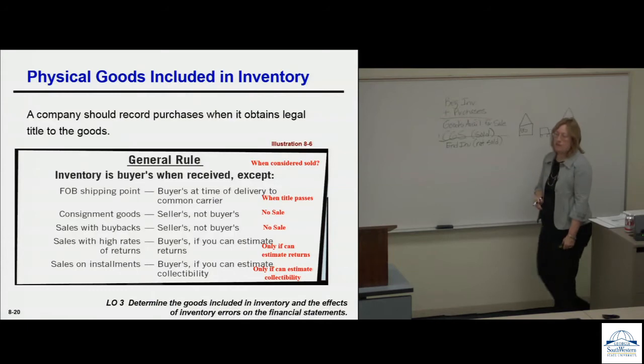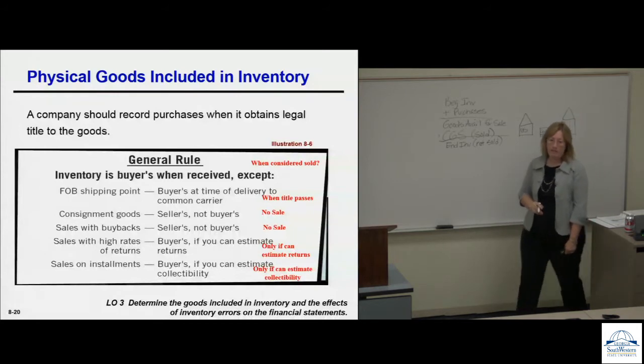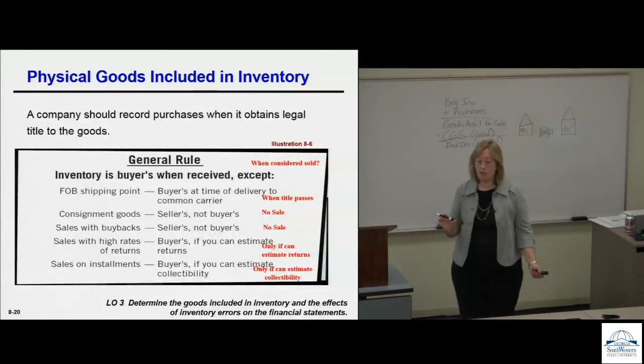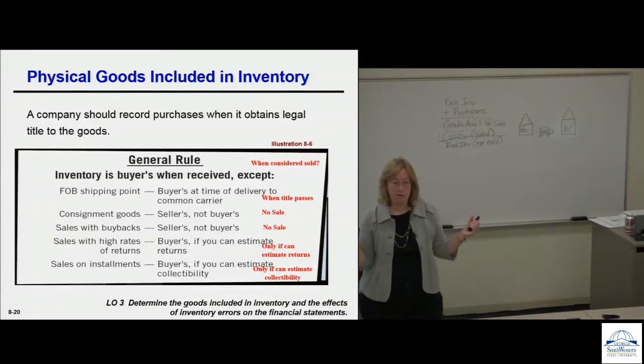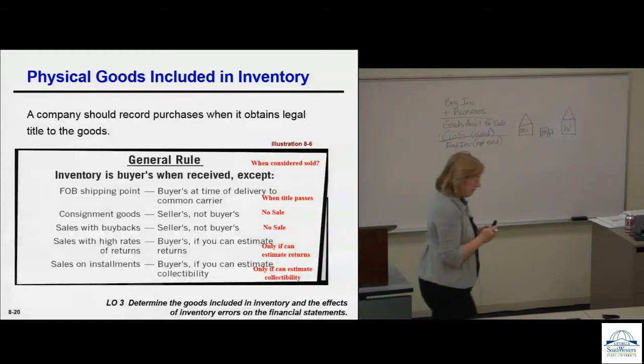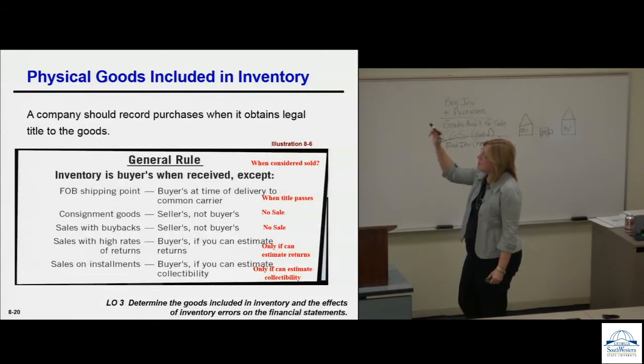Where are the goods? The goods are on the truck, right? Okay, who owns the goods? They're not in our store. They're not in Walmart's store. We don't know whose they are, right? How do we tell? So it's considered sold when the title passes, okay?